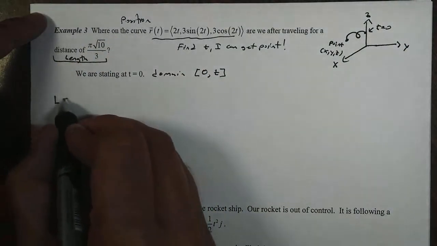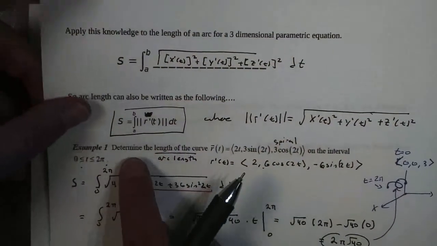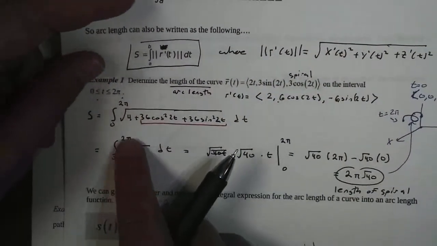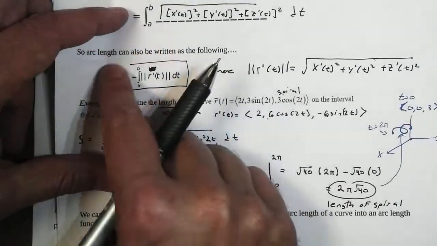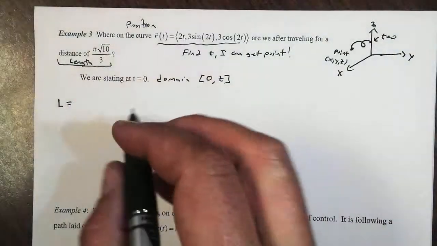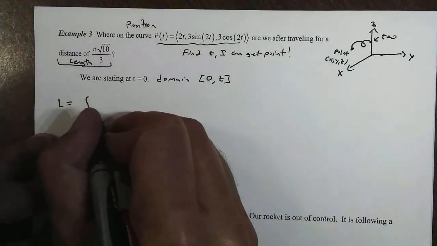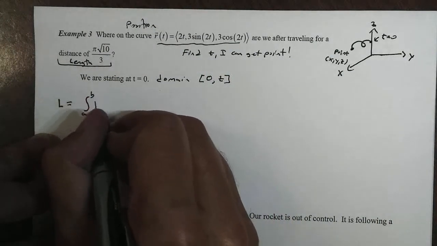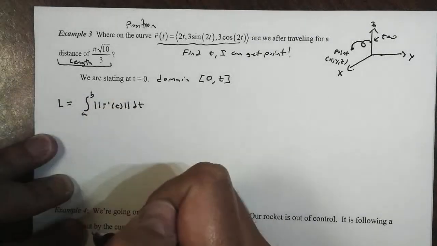From the previous page, we found length by using our little arc length formula right there. So to get my length, I can integrate from a to b the magnitude of r prime of t dt.